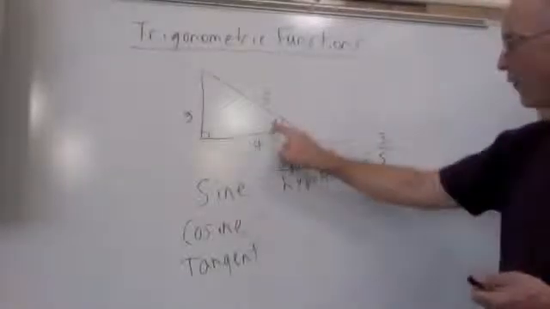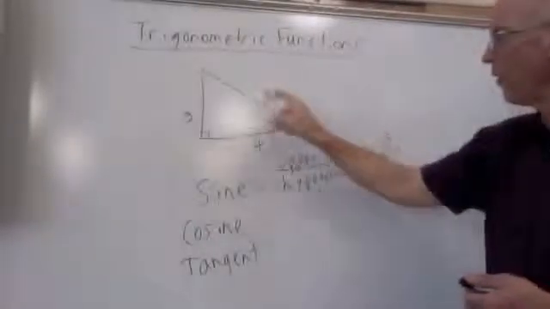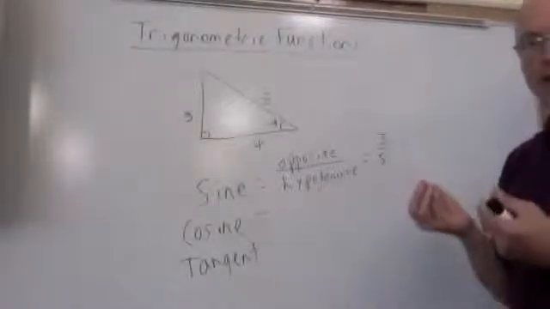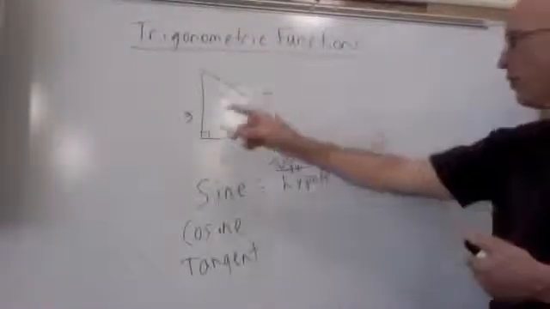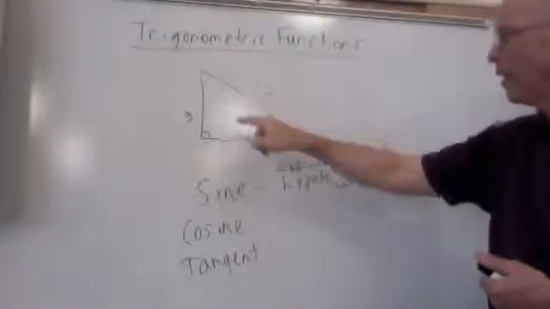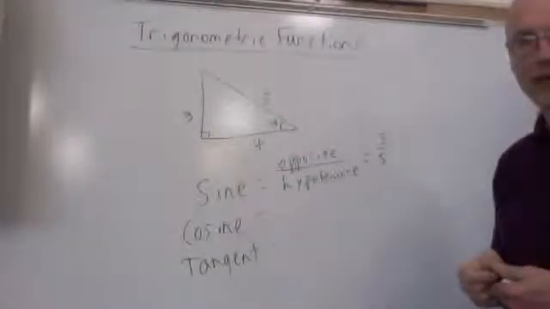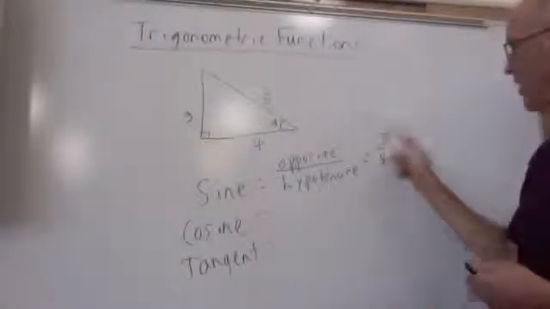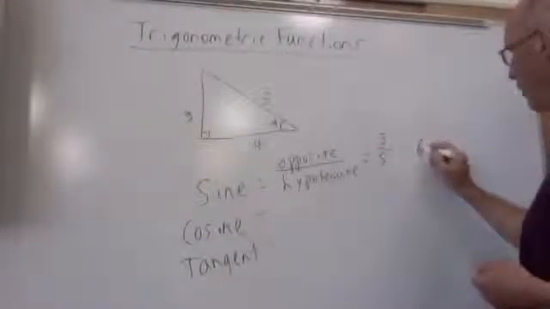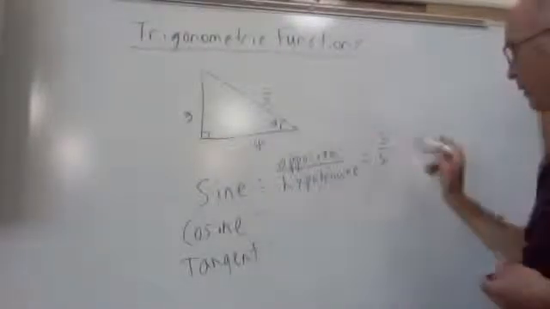So the sine for angle A is going to be a ratio of the opposite over the hypotenuse. Basically, what they're saying is the ratio of these two sides are related to that angle, and they can tell you what that angle is. If you just take 3 divided by 5, you're going to get 0.6, and the sine of angle A is 0.6.